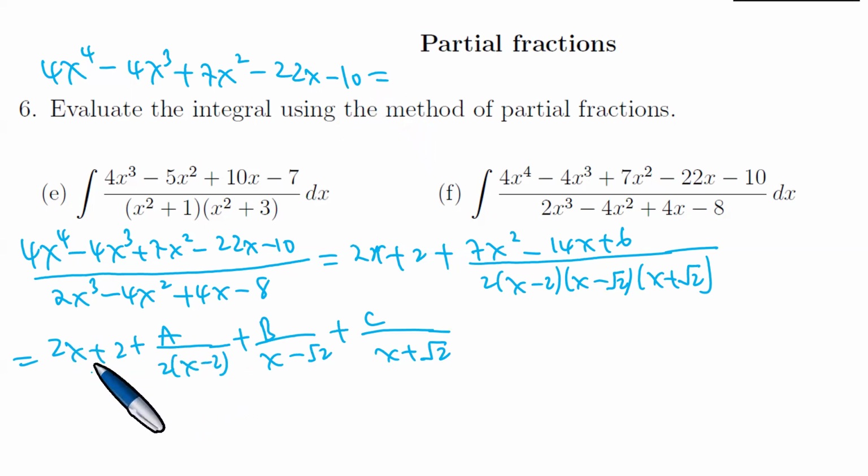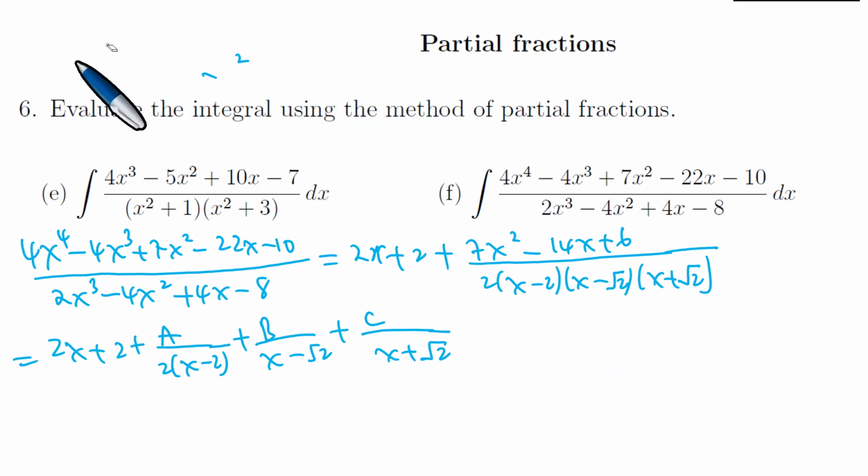Multiply through by the LCD, and then you're going to have exactly this part here. The best way to do this is to focus on the partial fraction decomposition of this.